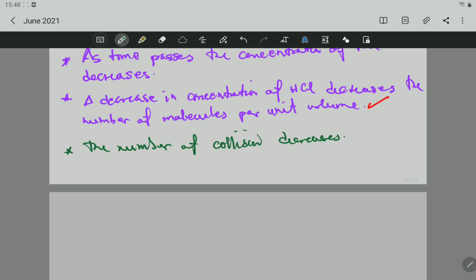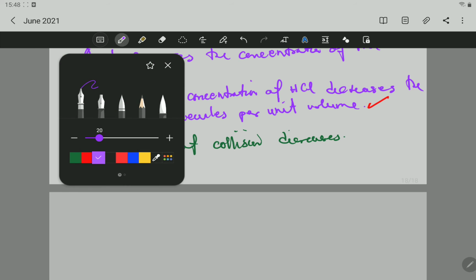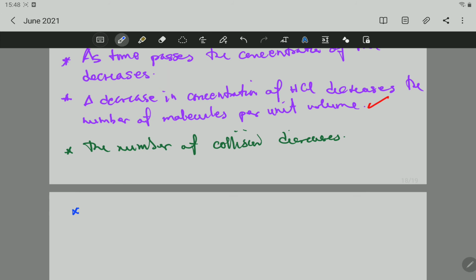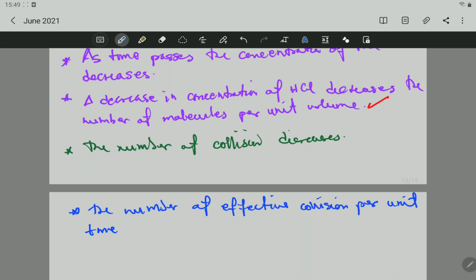The number of collisions decreases, and therefore, that is the final one here, the number of effective collisions per unit time decreases. And so the rate of the reaction also decreases.